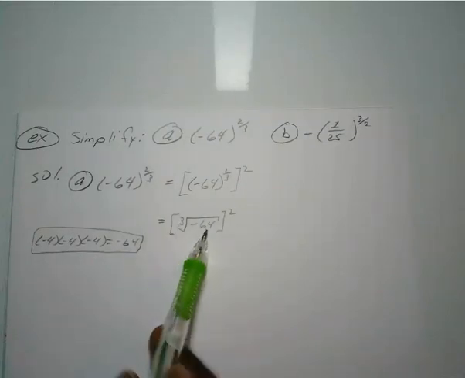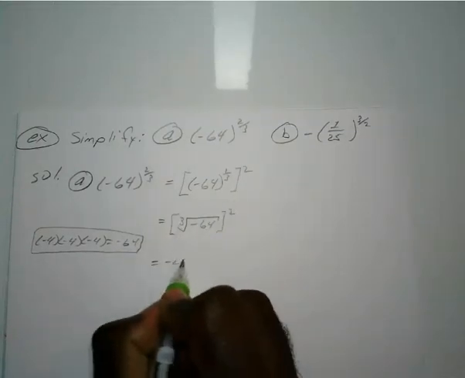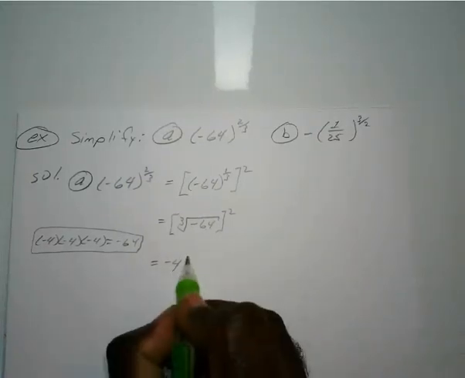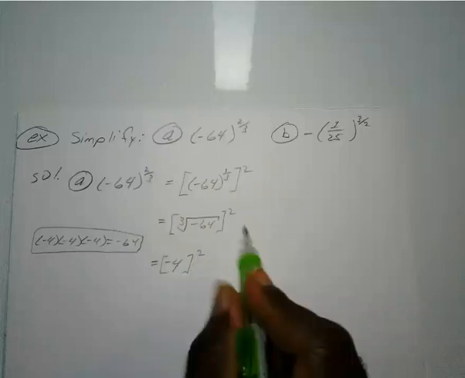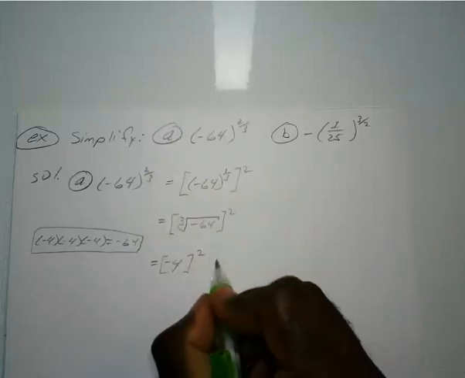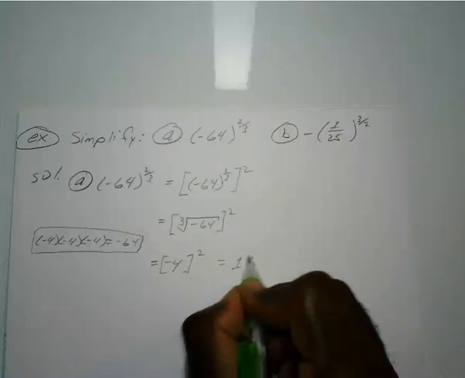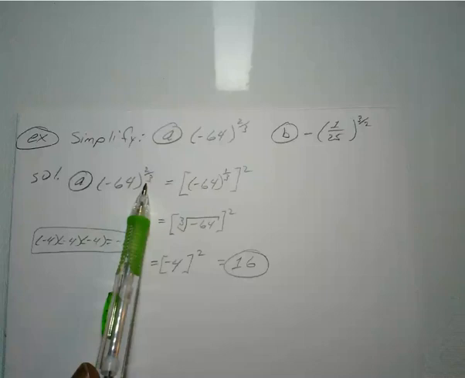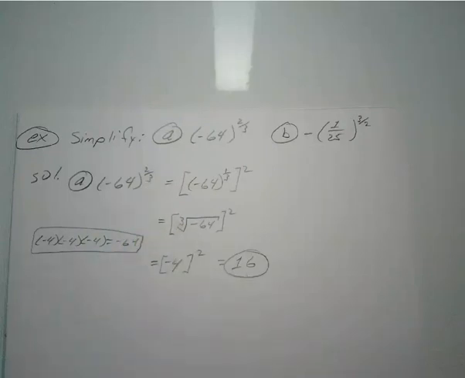So the cube root of negative 64 is equal to negative 4. And that is still squared. Now negative 4 times negative 4 gives us 16. So negative 64 to the 2/3 power is equal to 16.